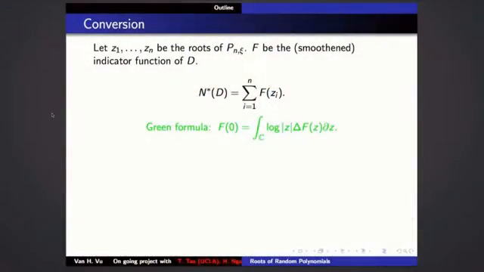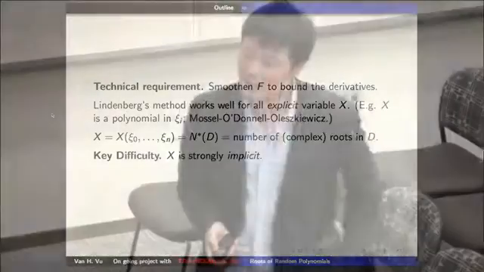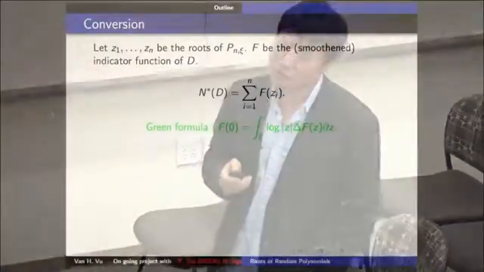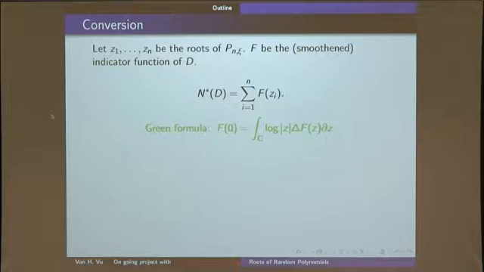Here's the idea, which I really like. It took me a while to find it, but once you find it, it works in a simple way: the conversion from implicit to explicit. What you do is look at the roots of the polynomial and let f be the function you care about, the indicator of this region.